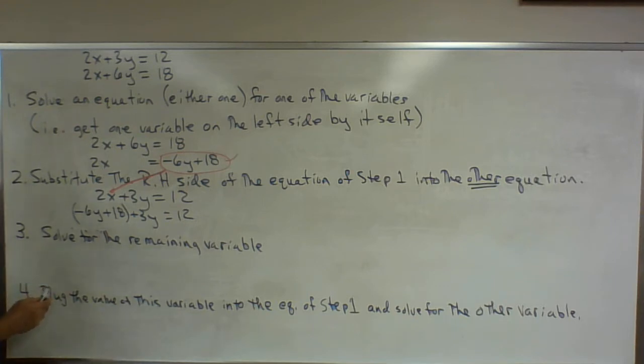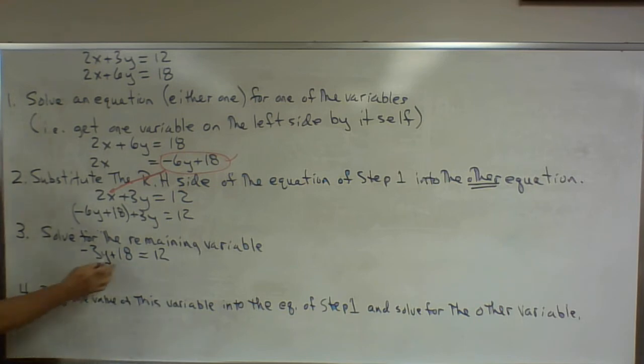And let's see. I can take negative 6y and 3y. What is negative 6y plus 3y? Isn't that negative 3y? Negative 6y plus 3y is negative 3y plus 18 equals 12.